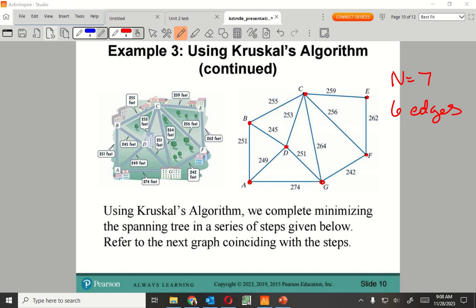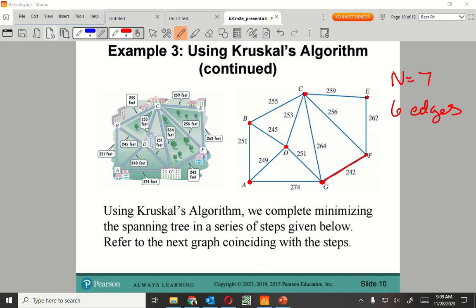Now, in the process, it says start with the smallest one. What's going to be the smallest one here? Starting at 242. Where are we starting? Anywhere. Oh, we're starting in G. I just find that 242. Yeah, 242, G to F. All right.